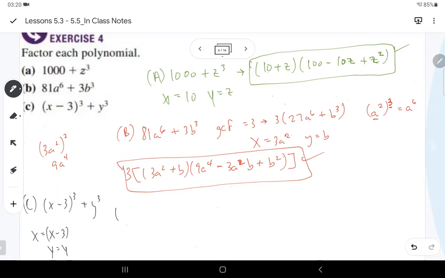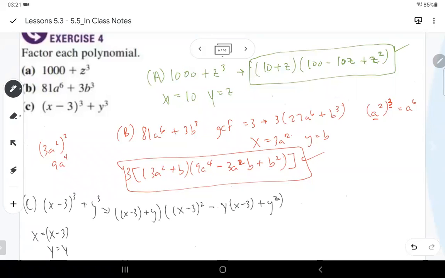So we would have x plus y, so x minus 3 plus y. And then x squared is x minus 3 squared, minus x times y, so y times x minus 3 will work, and then plus y squared.